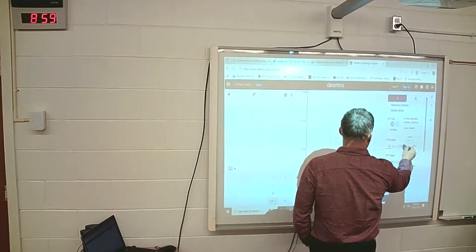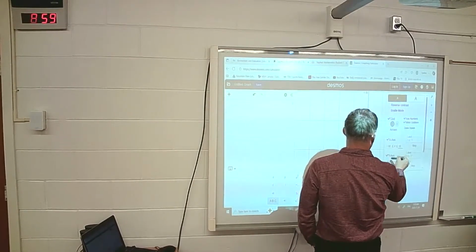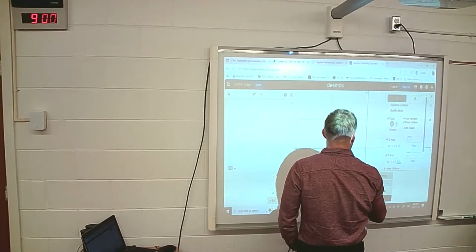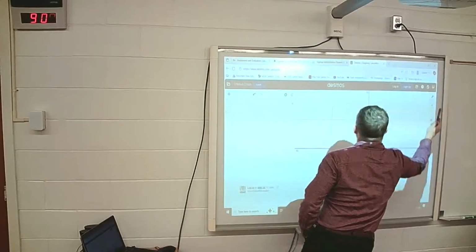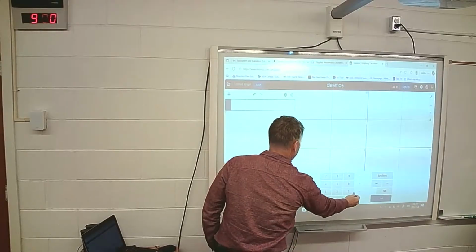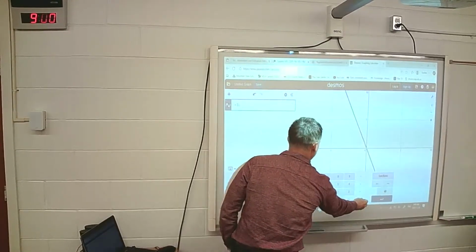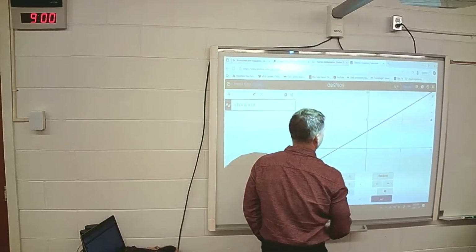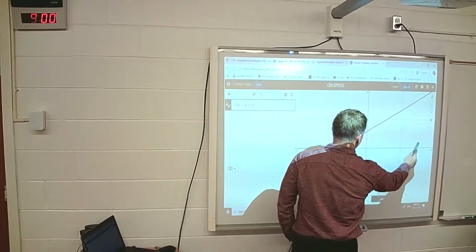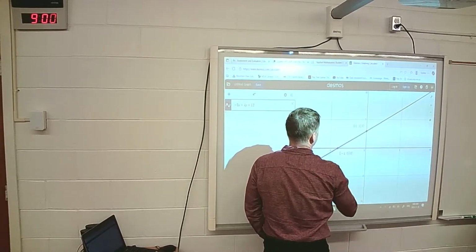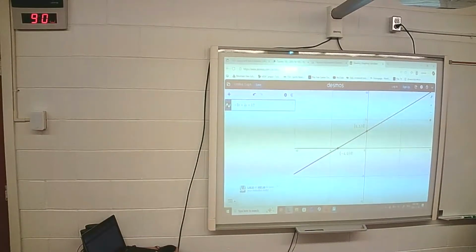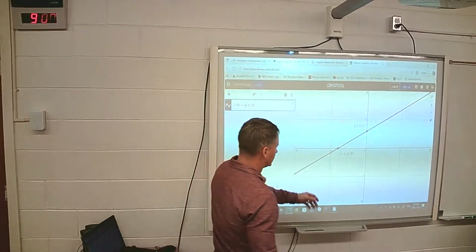Minus 3x plus 4y equals 12. Okay. So if I take a coordinate that's on that line and substitute it into the equation, the first coordinate I have here is minus 4 and 0.